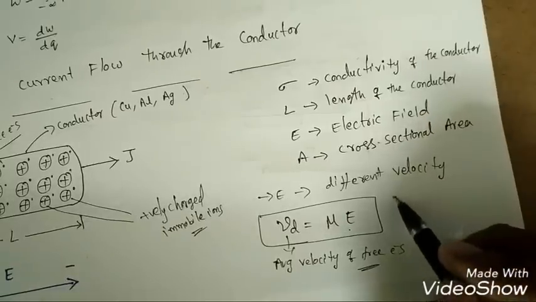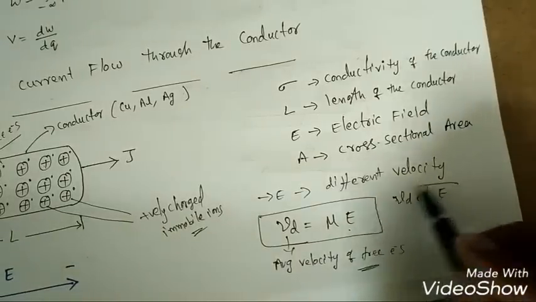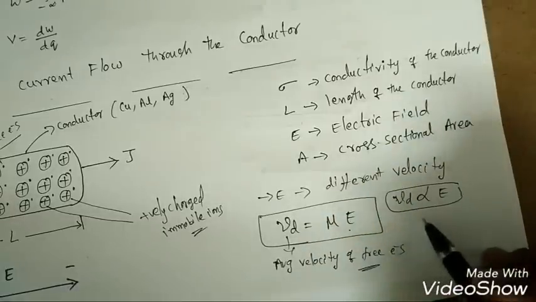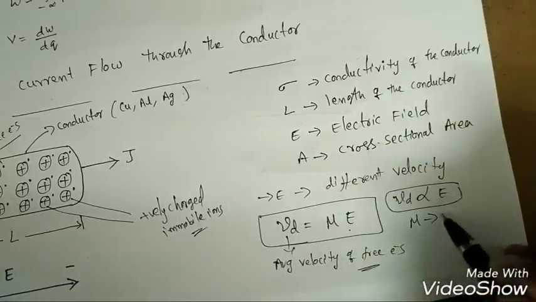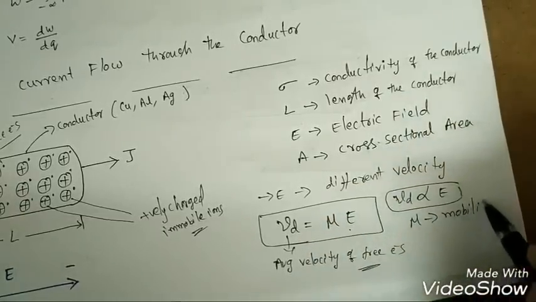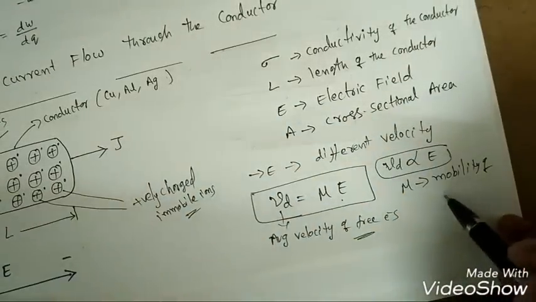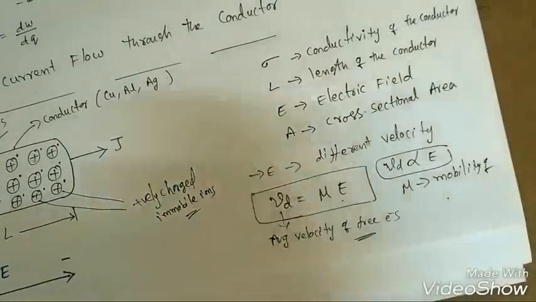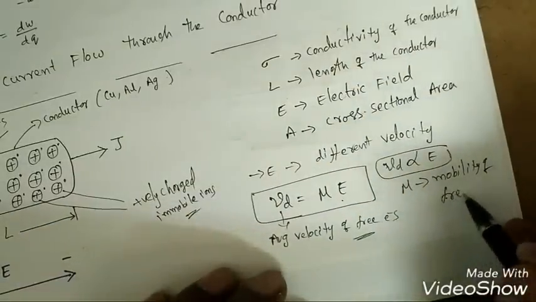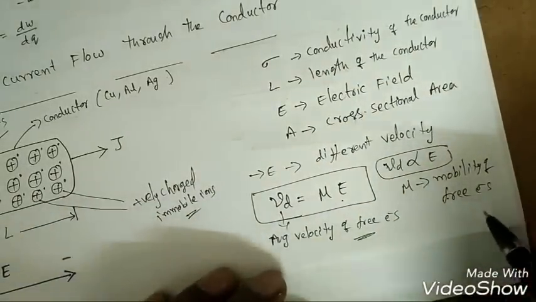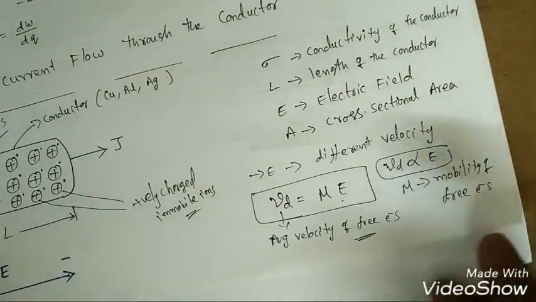So Vd is proportional to the applied electric field, and mu is the proportionality constant. Mu is generally called the mobility of this conductor, or of the free electrons present in the conductor. Now we need to see what the units for mobility are in the electric field.